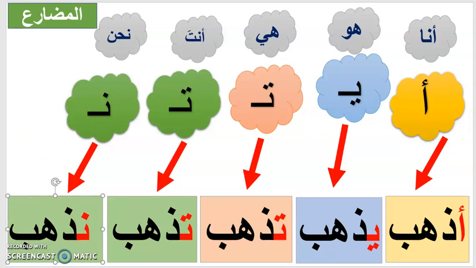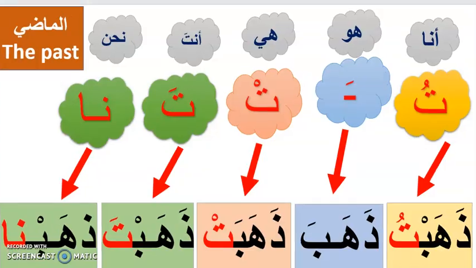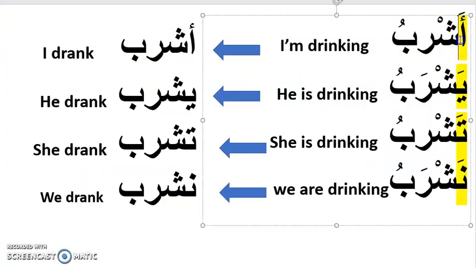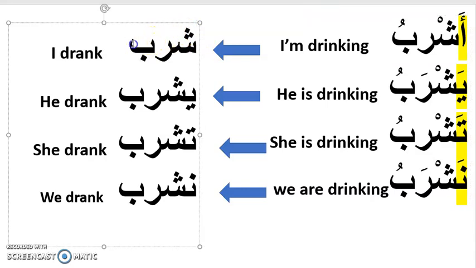Okay, so what will happen if I change to the past? A little bit change will happen, as you see. أشرب, I am drinking. When you change this one to the past, you need to delete a, add t.